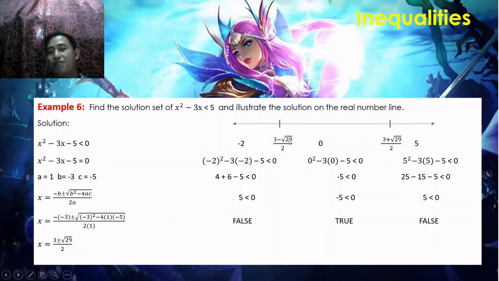So it is 5 point something. So 3 minus 5 point something is negative 2 point something, divided by 2, so negative 1 point something. Actually negative 1.19.